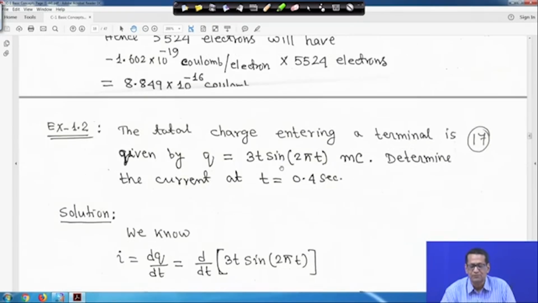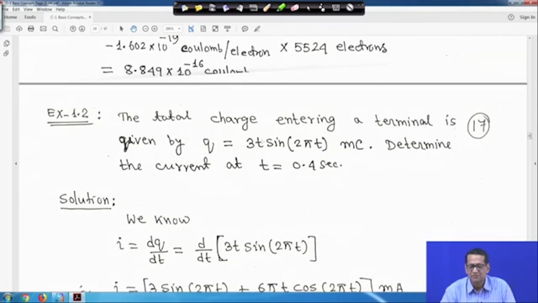Now, example 2, on page number 17. The total charge entering a terminal is given by q equal to 3t sin 2 pi t millicoulomb. Determine the current at t equal to 0.3 second. A very simple thing, q is given.